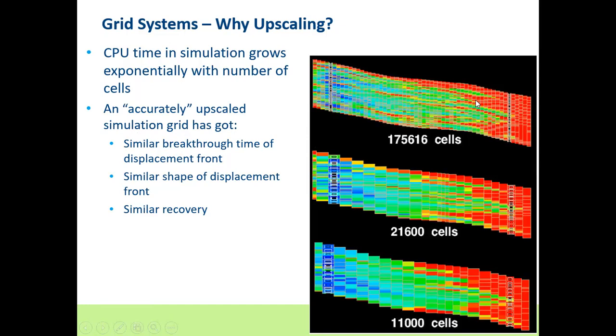Also, the shape of the flood front: if you look at this, two things are quite identical across the models. You see here there's a breakthrough, and look at this saturation profile, which is captured in these three models. This particular streak is not quite captured here, but the general profile of the displacement front is captured. And then another thing is the recovery captured from the models. Is this similar? If it's a yes, then you have a well upscaled model.